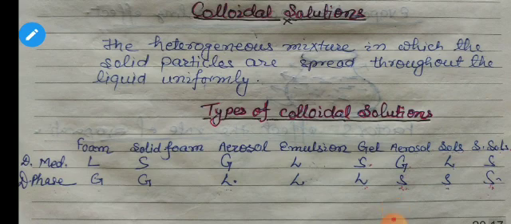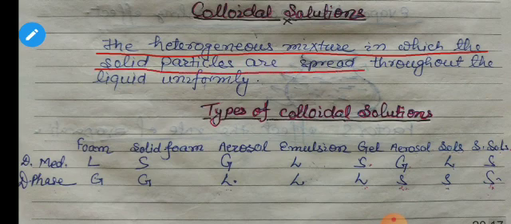You can see here, a heterogeneous mixture in which the solid particles are spread throughout the liquid uniformly is known as a colloidal solution. As we discussed previously, the types of solutions are 9. Here it is almost similar, but the types here are 8 only.